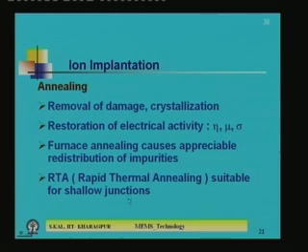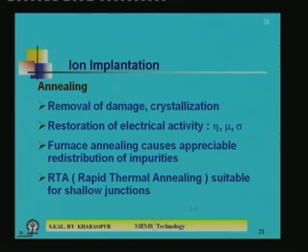Two kinds of annealing are there, furnace annealing and rapid thermal annealing. Furnace annealing causes redistribution of impurities, but with RTA, high temperature for a very small time, maybe 1 minute or 45 seconds, at say 800, 900 or 1000 degrees, will heal all damage and recrystallize. That is the preferred approach: ion implantation followed by rapid thermal annealing.